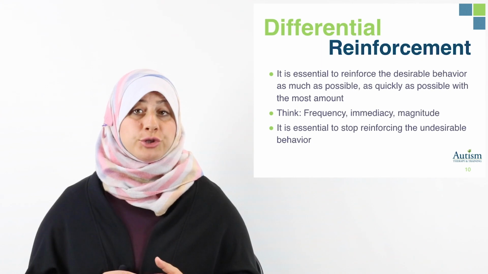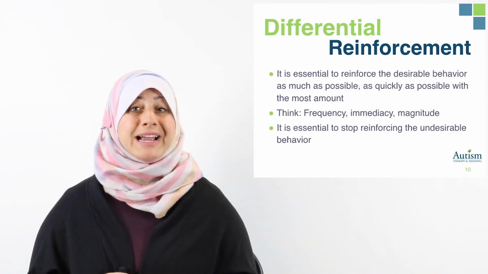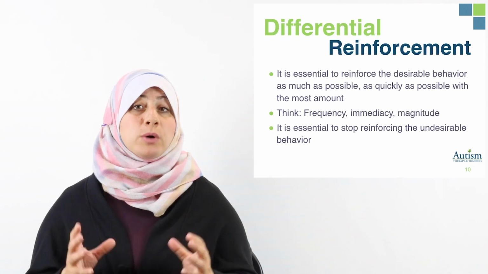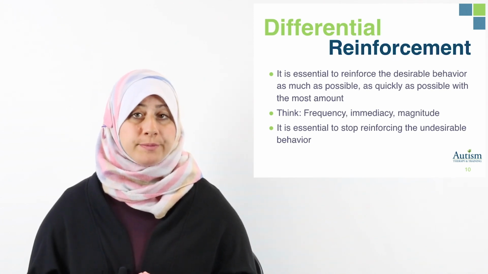Think of your learners for a moment. You want them to sit down and do their work at their desk. If they stand up, walk around, look around the classroom, or talk to their peers and still get the reinforcer, then why would they need to improve their behavior? It's essential to reinforce the desirable behavior as much as possible, as quickly as possible, with the most amount of the reinforcer.